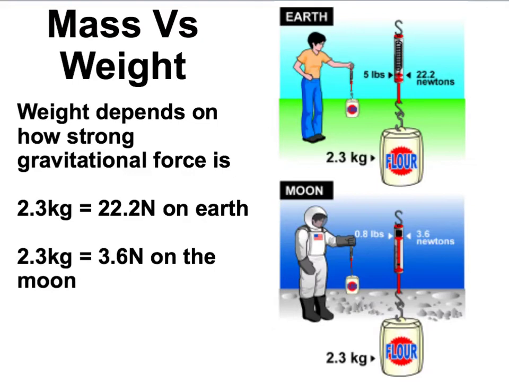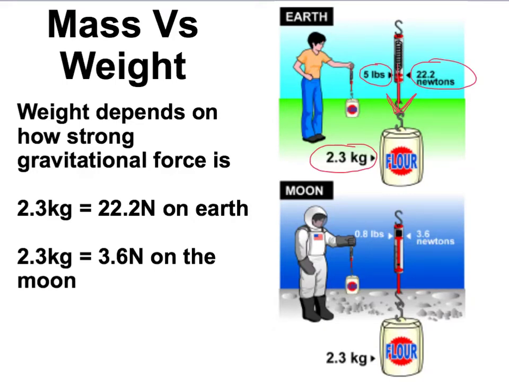This graphic uses a bag of flour that's 2.3 kgs. And we would recognize that as being a 5-pound bag of flour. So like your regular standard size bag of flour. So on Earth, a 2.3 kg bag of flour is going to have a weight of 5 pounds because gravity is going to be pulling that flour down. 5 pounds is 22.2 newtons.